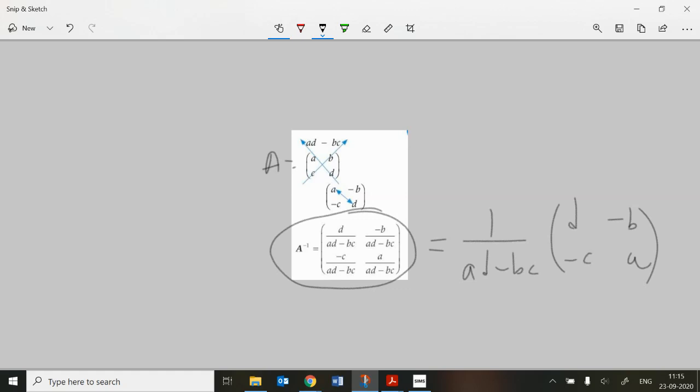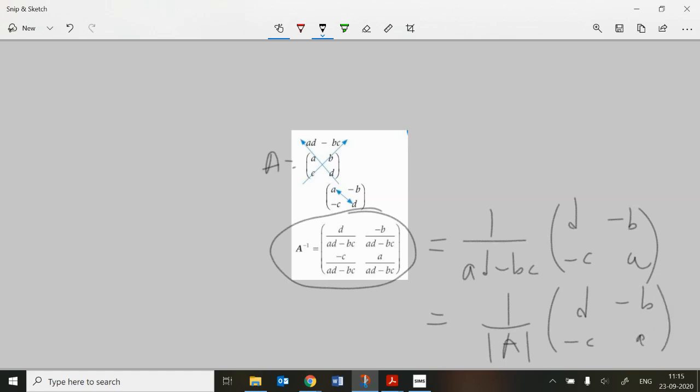We factorized out this thing on the bottom, and because it's used so much, we can write it as 1 over the modulus brackets of A. So then we've got our matrix inside: D, minus B, minus C and A.